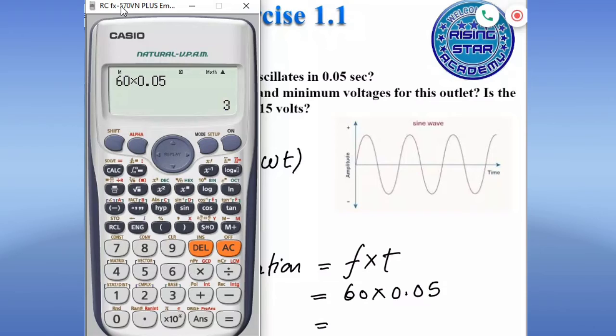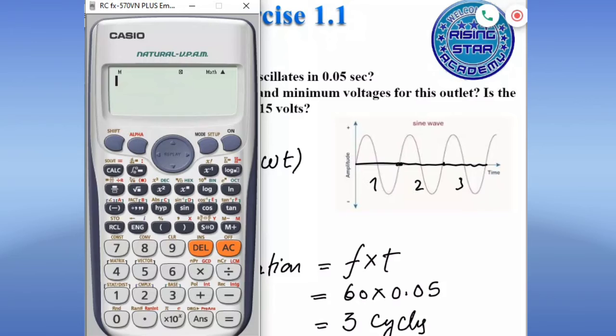So 60 times 0.05, that would be 3 cycles or 3 oscillations. So one oscillation would be from here to here, second from here to here, and third from here to here. That means cycle number 1, cycle number 2, cycle number 3. So 3 cycles would be produced over there.